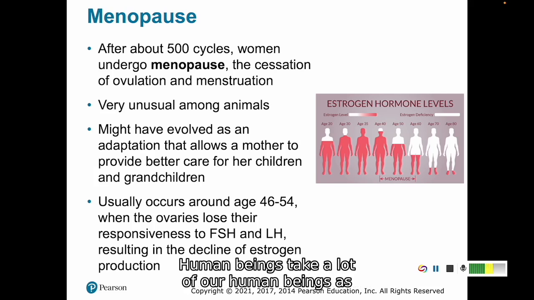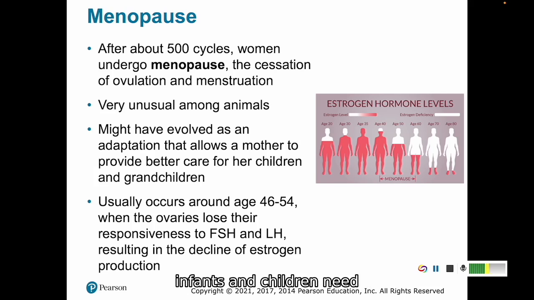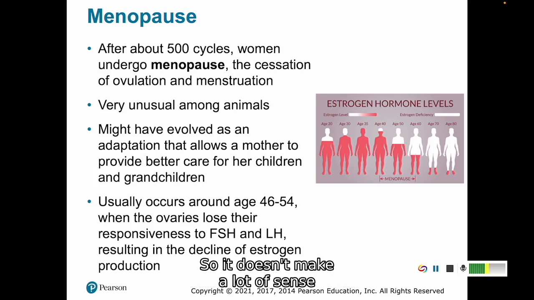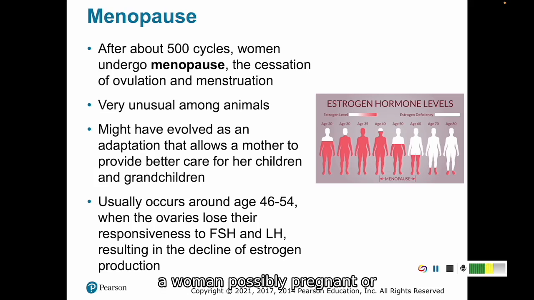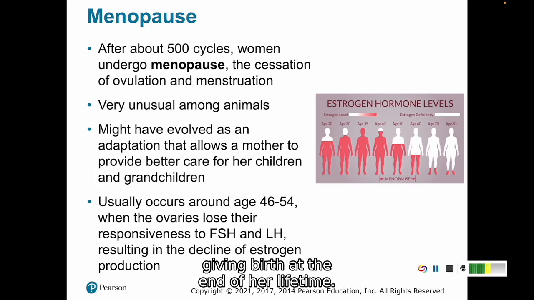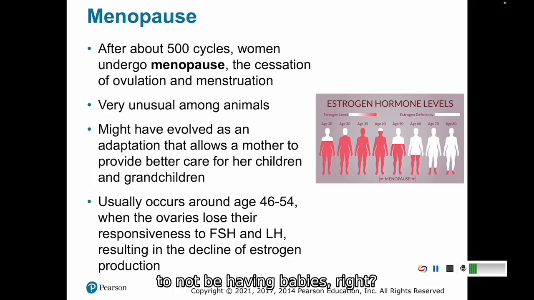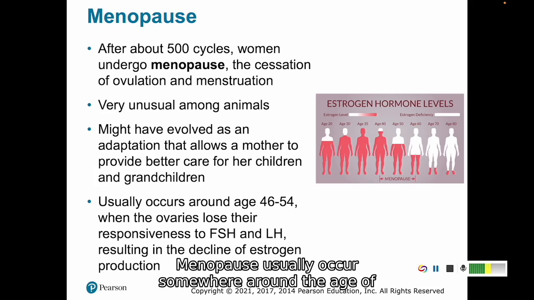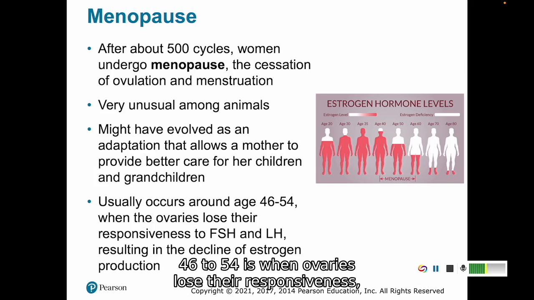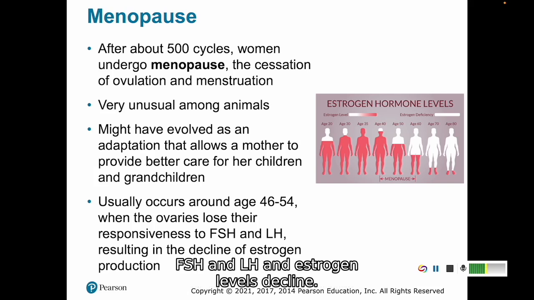Human beings as infants and children need a lot of care from their parents, so it doesn't make a lot of sense from an evolutionary perspective to have a woman possibly pregnant or giving birth at the end of her lifetime. So this allows the end of a woman's life to not be having babies, right? Menopause usually occurs somewhere around the age of 46 to 54. This is when ovaries lose their responsiveness to FSH and LH, and estrogen levels decline.